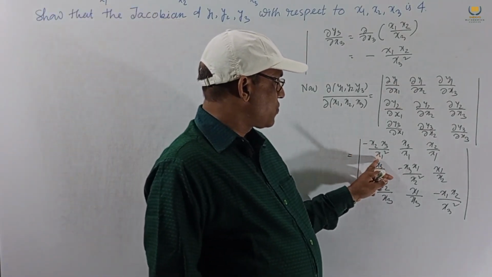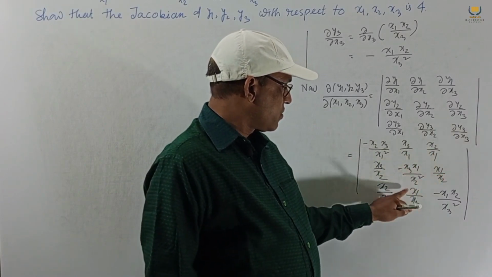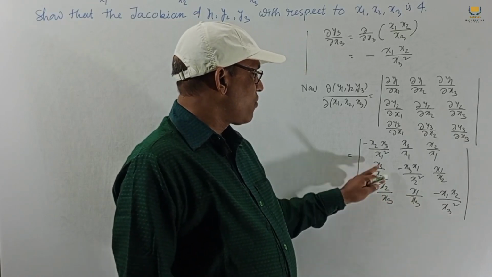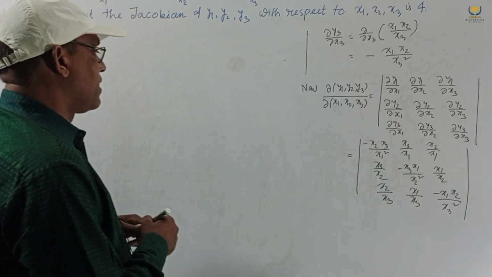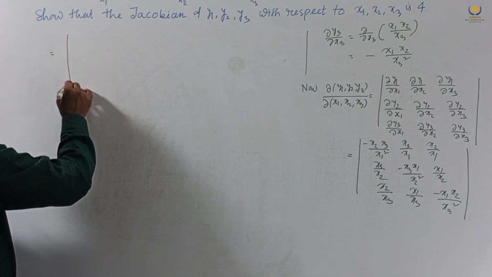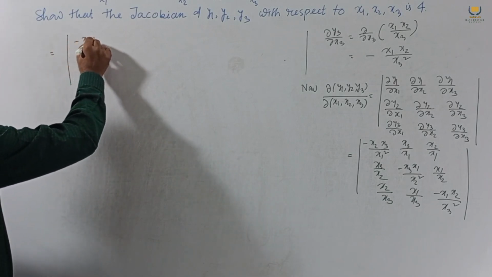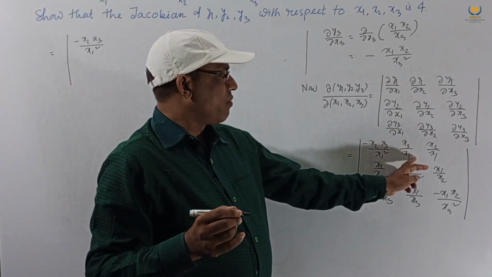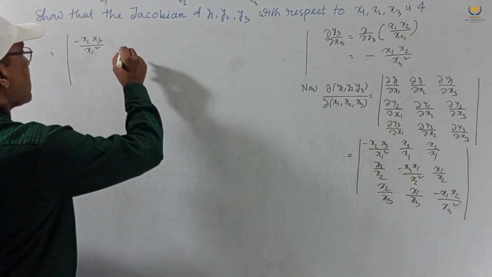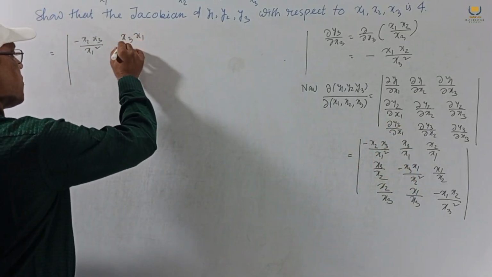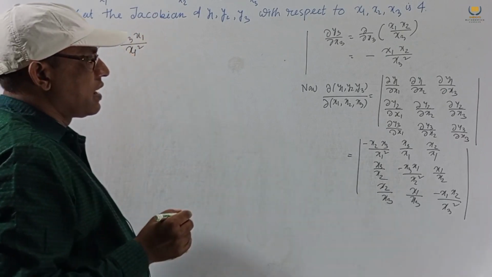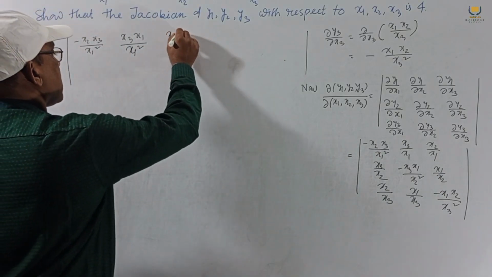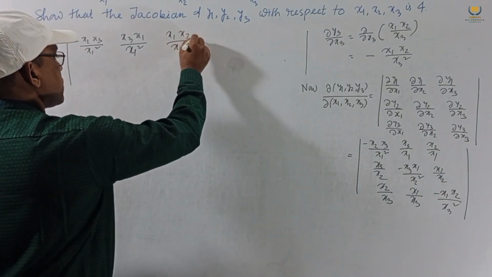Now here x1 square is there, only x1 given. Here also x2 square, and here x3 square. Now we make all of this the same denominator. So this will be minus x2 x3 by x1 square, and multiplying numerator and denominator by x1, we get x3 x1 by x1 square. Here multiplying by x1, we get x1 x2 by x1 square.